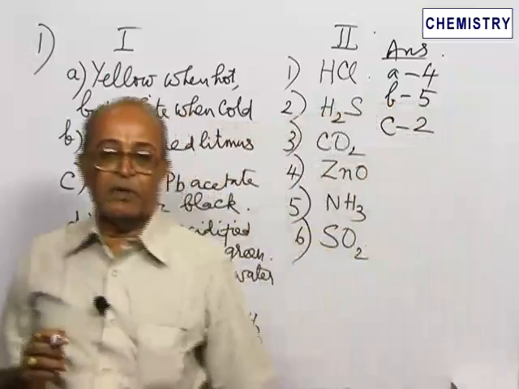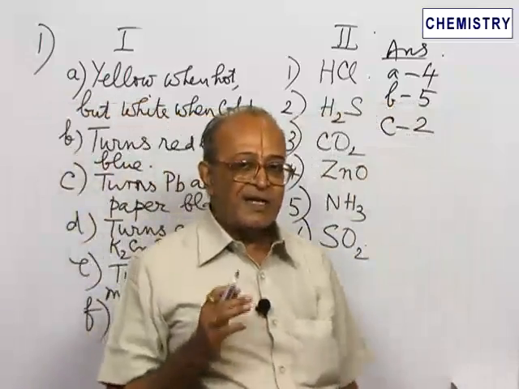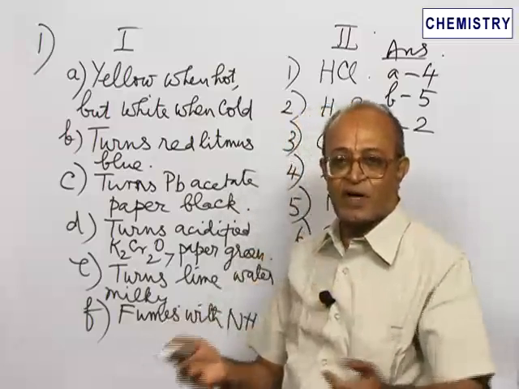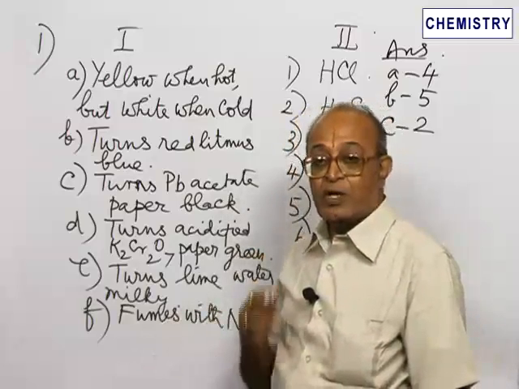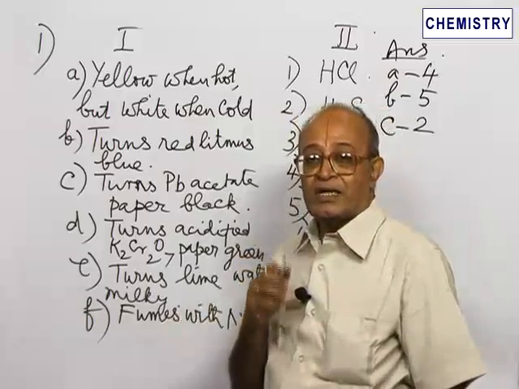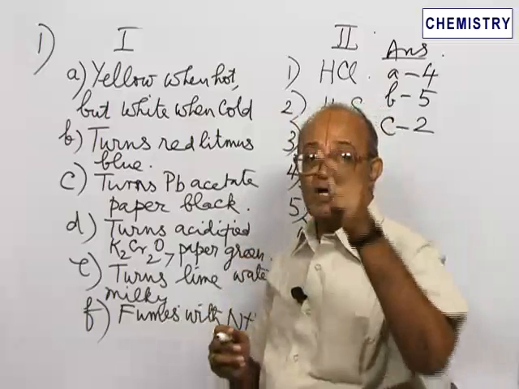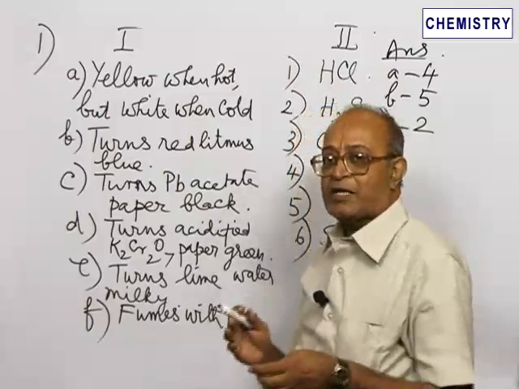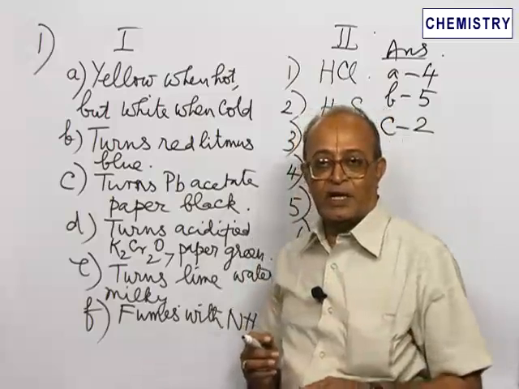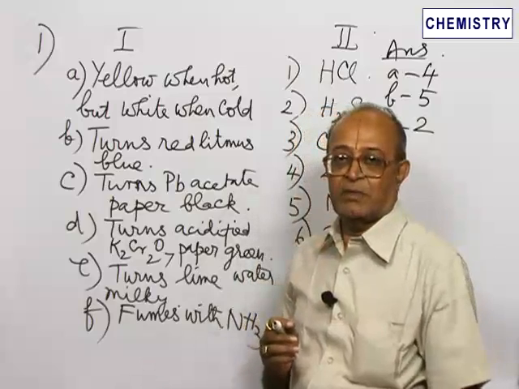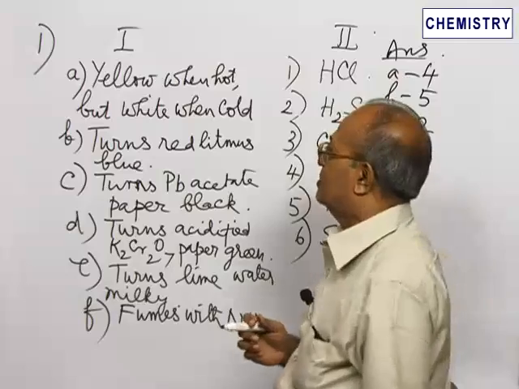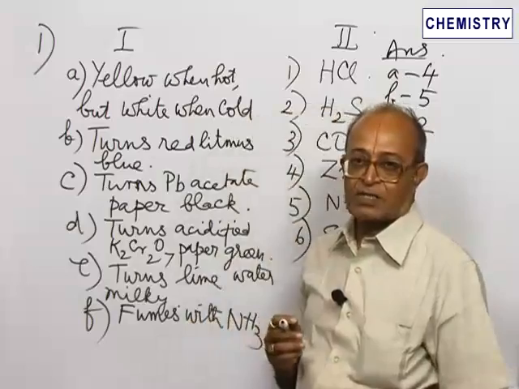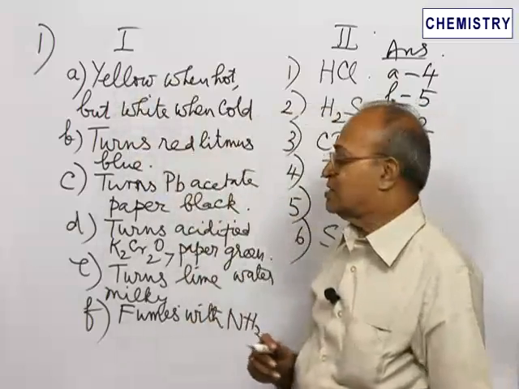Please remember, it is not enough you know certain reactions, change of color for example, but you should be able to say that the color change leads to what product. That is very important. So, some reactions will give us an idea about the acidity or basicity, basic nature or acid nature. Then change of color is typical of several salts like zinc salts.